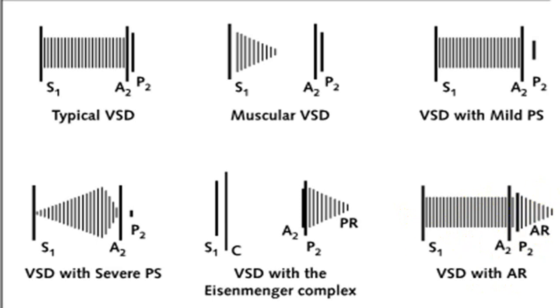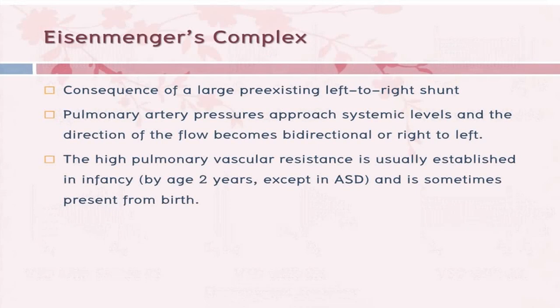So these are the different murmurs which you can see depending upon what stage you are auscultating. I have already mentioned Eisenmenger complex, reversal of the shunt. Now blood will flow from RV into LV. You will have a bidirectional shunt, cyanosis, hypoxia, clubbing, and paradoxical embolization will be quite common.